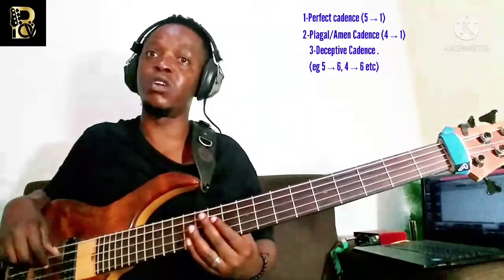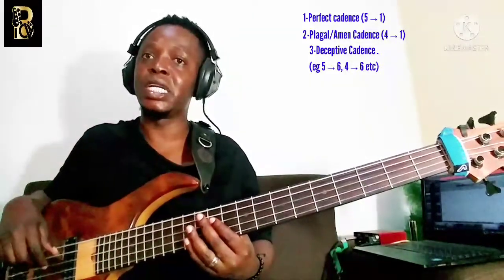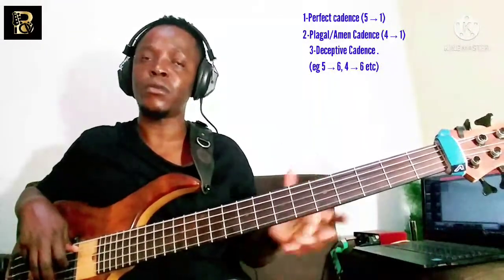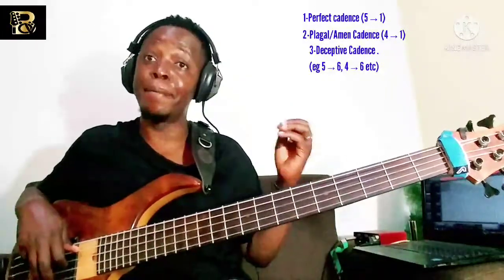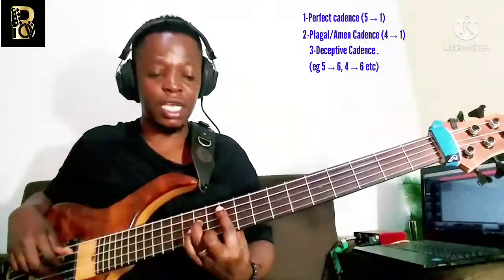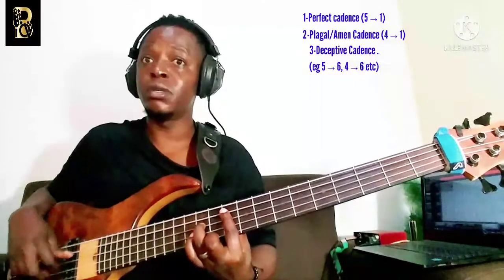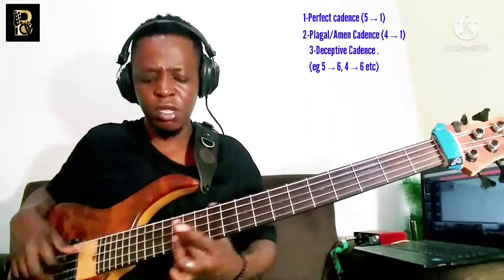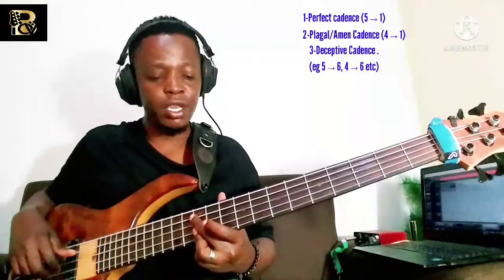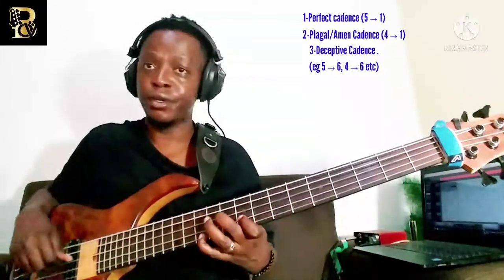Now next, what's called the plagal cadence. Plagal cadence is what some people call in gospel the amen cadence. So that is like somebody's playing, then he plays 4.